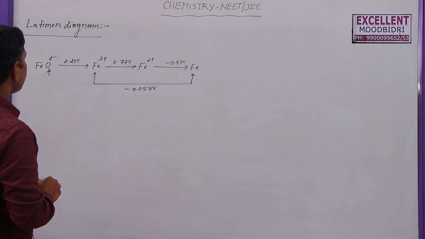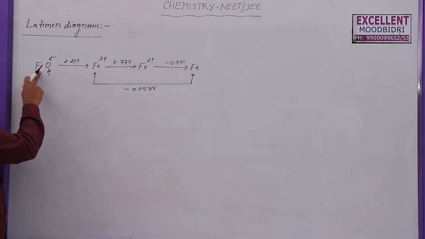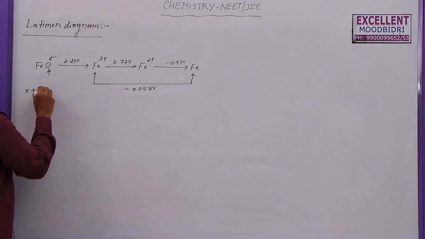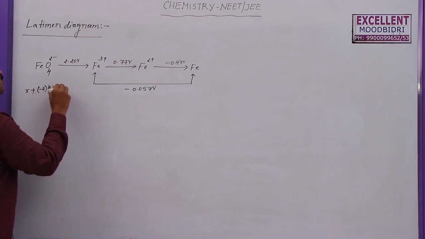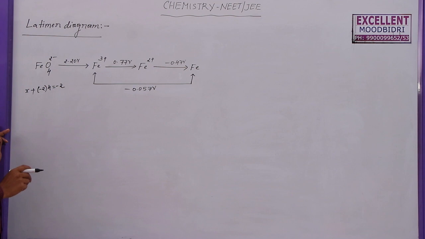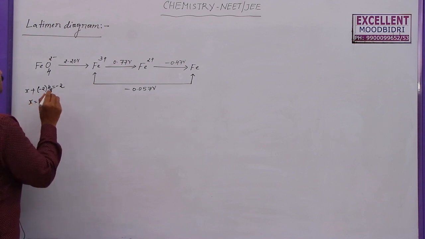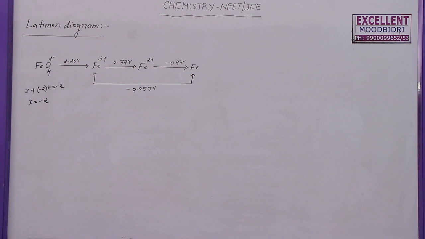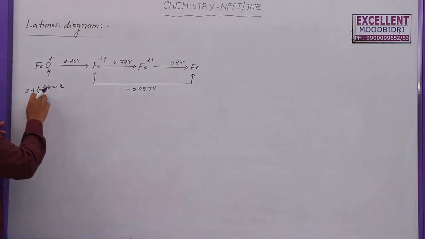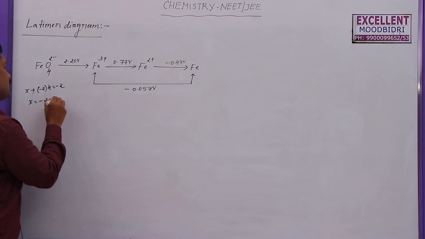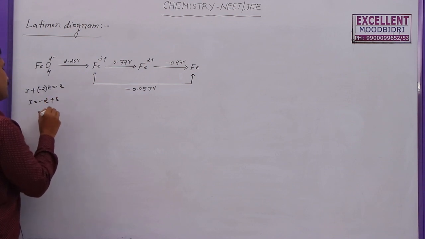You know that in this case, the oxidation state is plus 6, because iron X plus oxygen minus 2 into 4 is equal to minus 2. So X minus 8 is equal to minus 2, so minus 2 plus 8 is equal to plus 6.